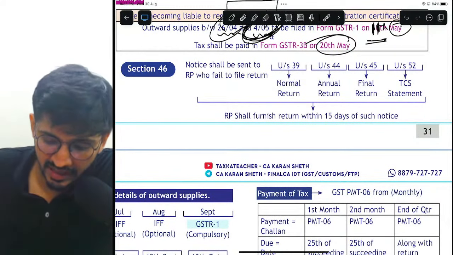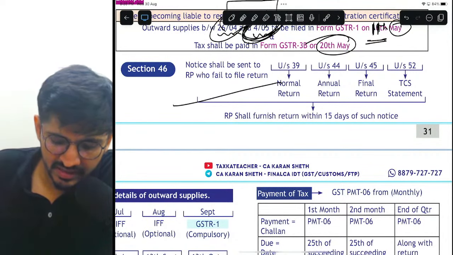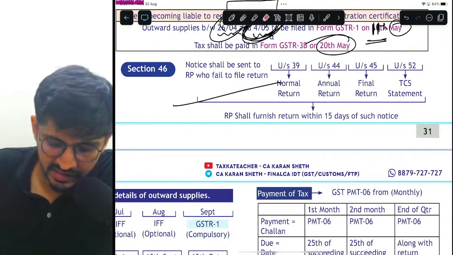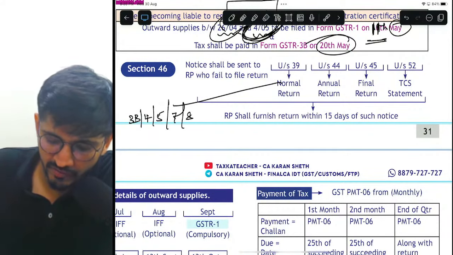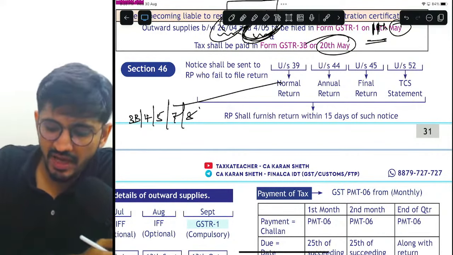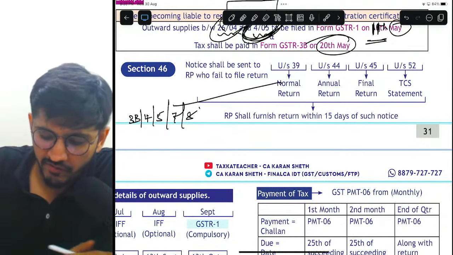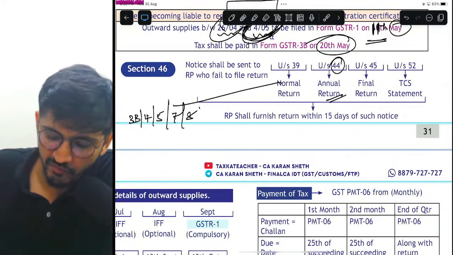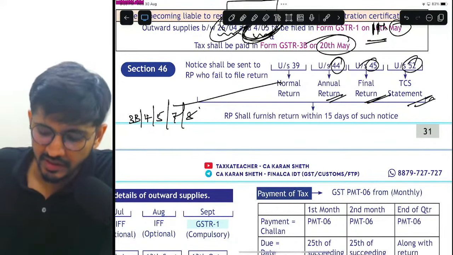Okay. Section 46 is basically sending notice in case the registered person has not filed a return under Section 39. So under 39, the returns are clearly GSTR-3B, then you have 4, then you have 5, then you have 7, then you have 8. Then we have 44 annual return, then you have 45 final return, then you have 52 TCS statement.